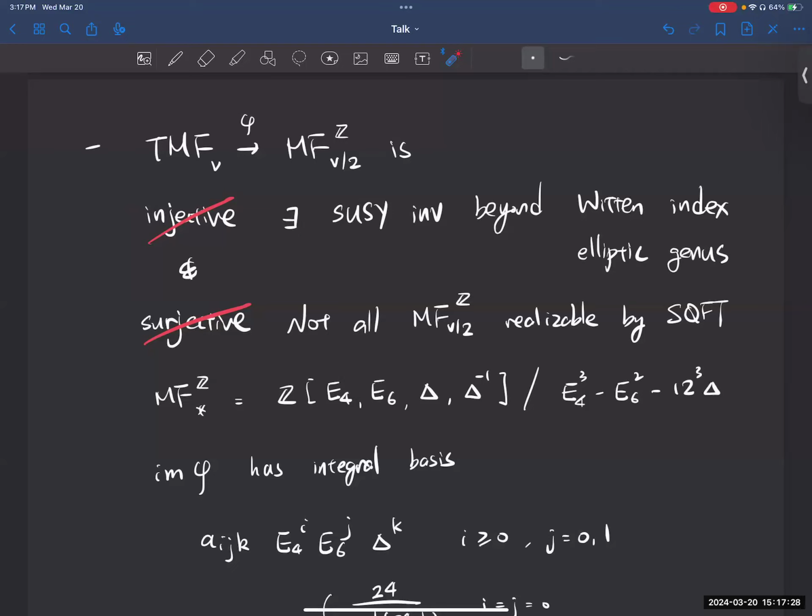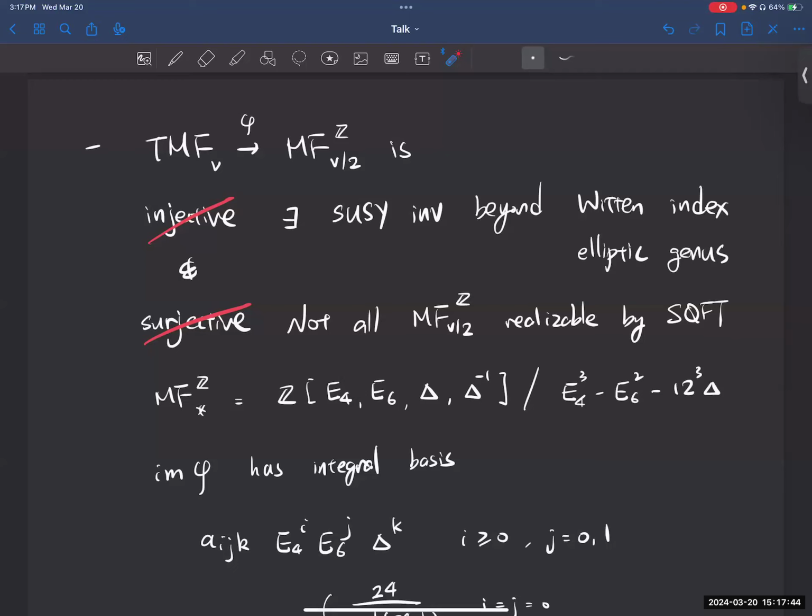Another very surprising fact is the non-surjectivity. So not all modular forms with integer coefficients are actually realizable by SQFT, if we believe in the conjecture.